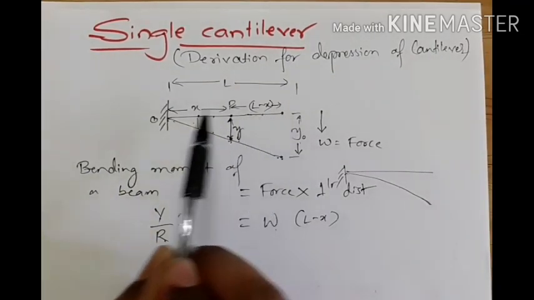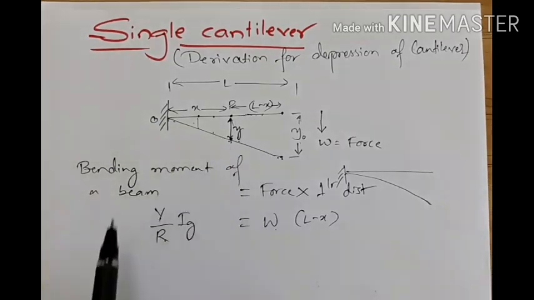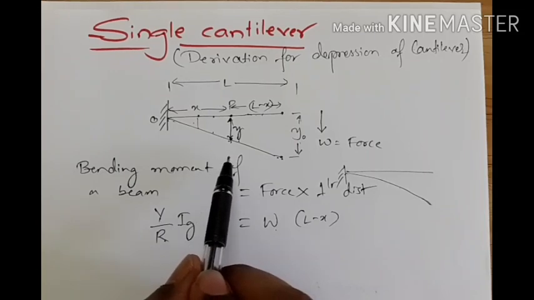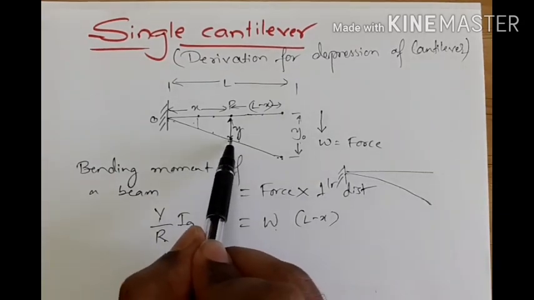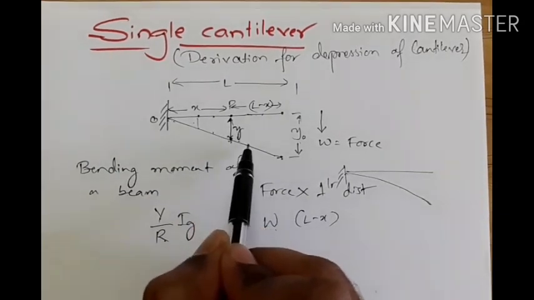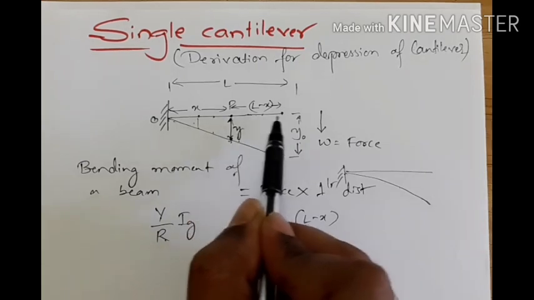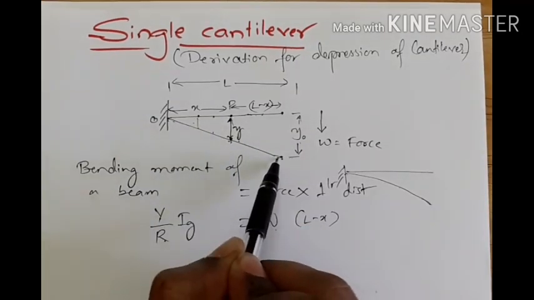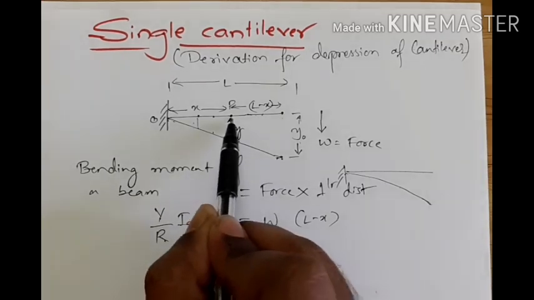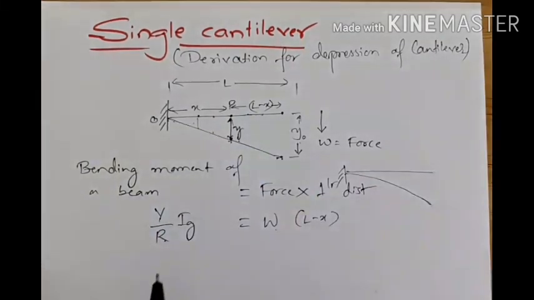That is not the perpendicular distance while finding the couple or torque, because here it is bent. There is only a small bend, so it is almost a straight line, so we consider this point itself for the perpendicular distance.